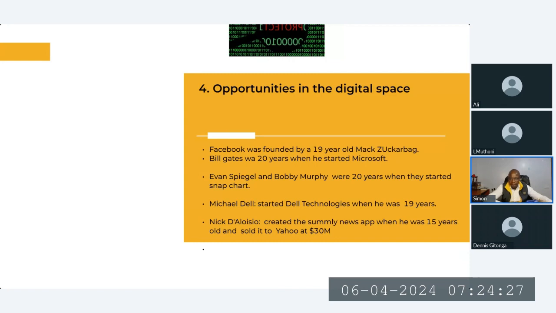Michael Dell started Dell Technologies when he was 19 years old. And there's the youngest one, Nick, who actually created an app called Summly when he was 15 years old. 15 years old is probably someone who is in junior secondary.